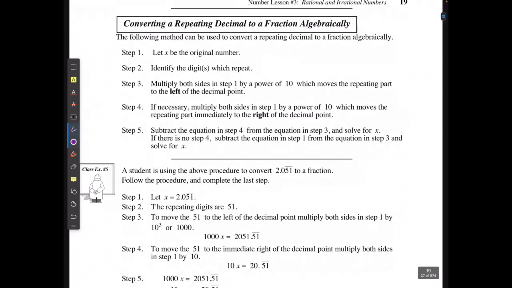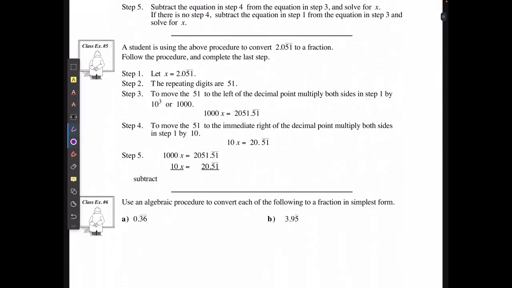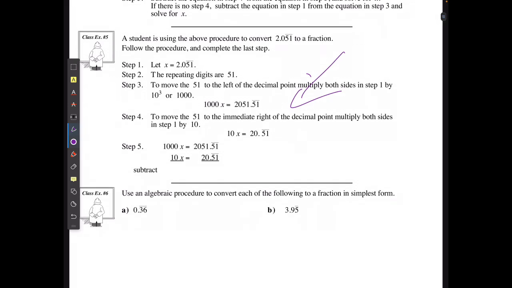Now, when I'm converting from a repeating decimal to a fraction algebraically, you're not required to do this for this course. So, if you want, you can look through the process. I would take the original number represented as x, I'm going to move the decimal place over, and then I'm going to write it as a fraction.